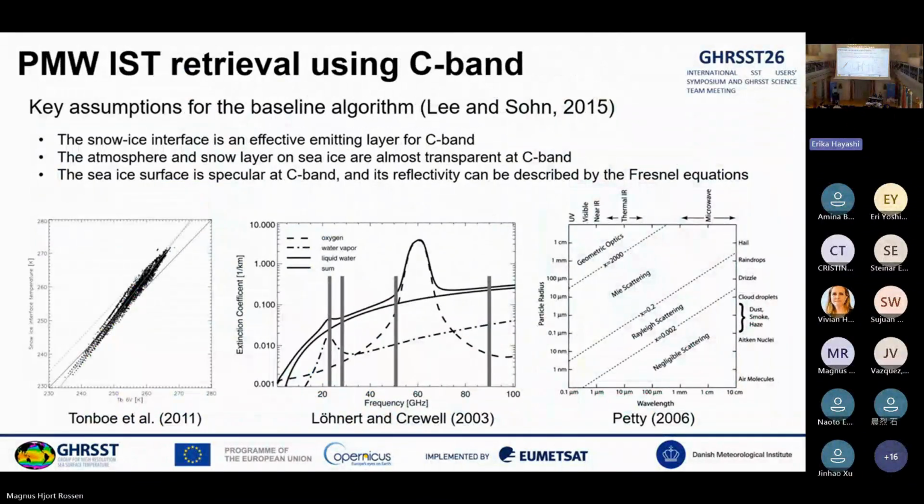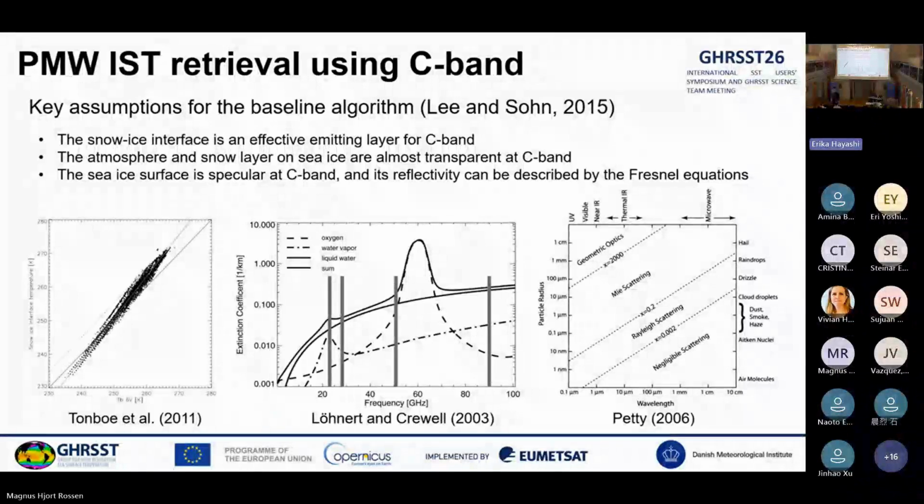I will briefly introduce how we can actually retrieve ice surface temperature from C-band observation. There are three key assumptions for the baseline algorithm, which was introduced by Lee and Sohn in 2015.